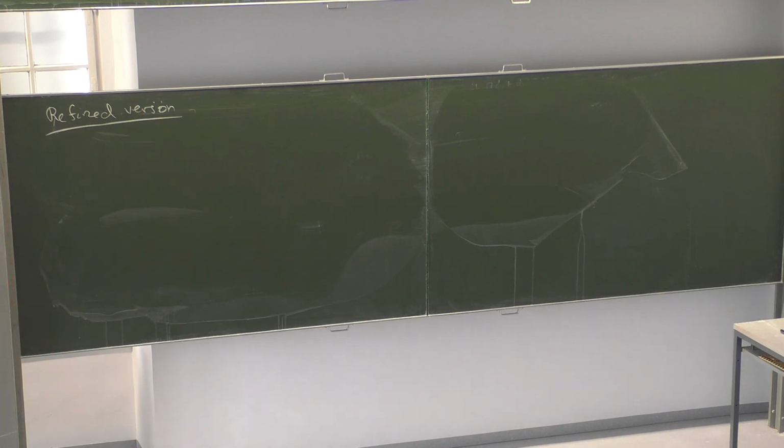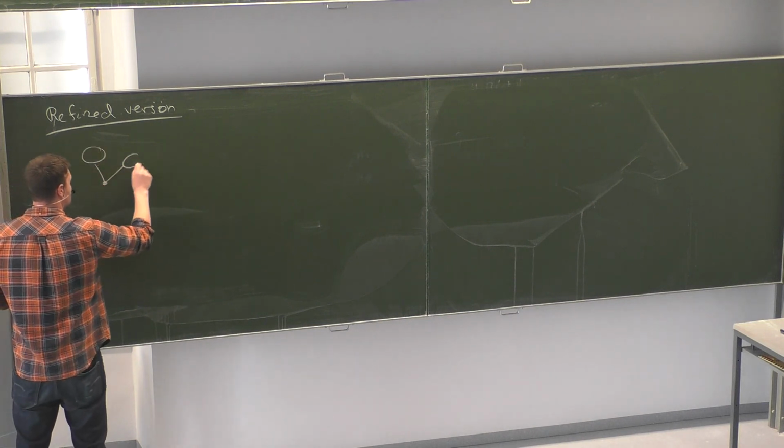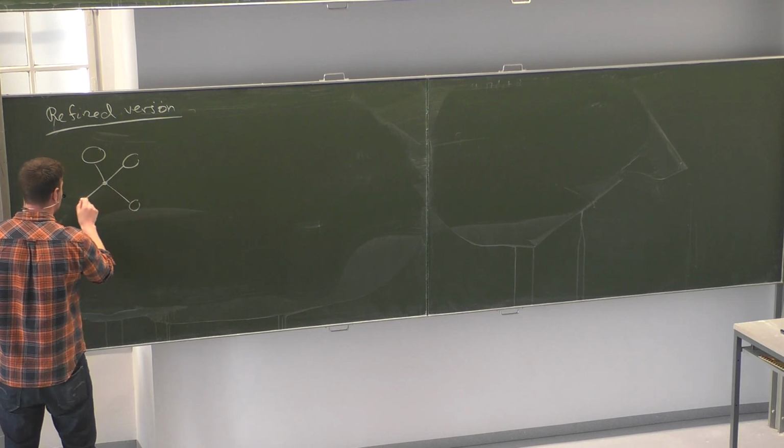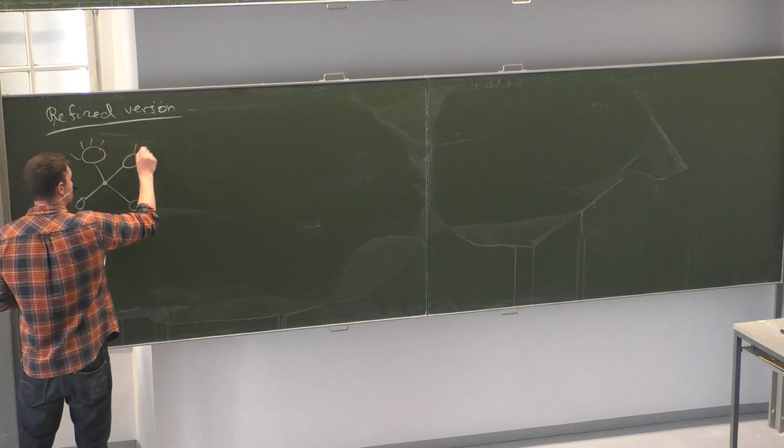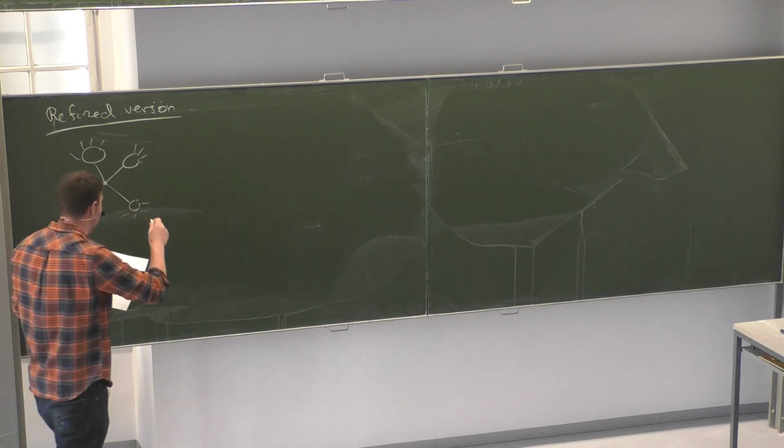So what can we do? We expand, for instance, a weight here. One of these weights was associated to these bullet vertices. Let's assume we have this one as a subgraph.